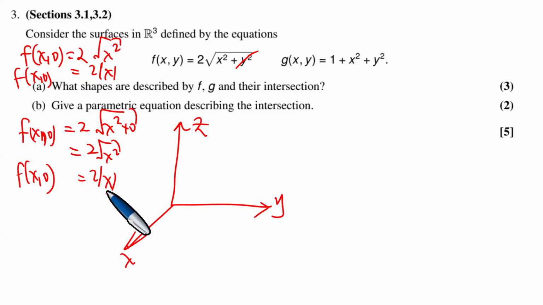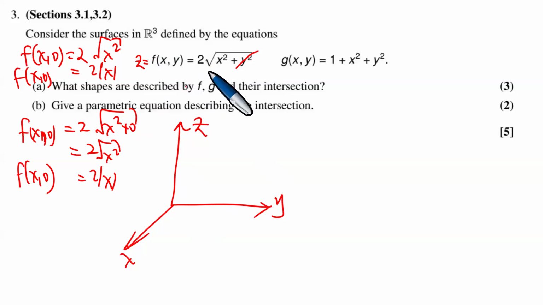If we want to sketch this, you are now looking at this in a plane where, for instance, y is 0. You can view this as z, where z is a function of x and y.